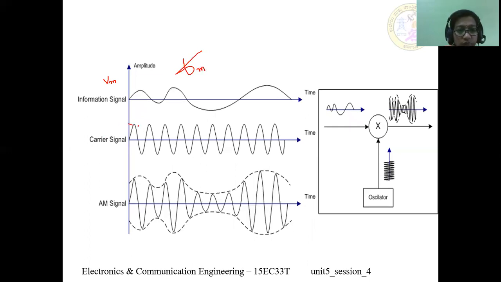The amplitude of the carrier we consider as Vc and its frequency as fc. The overall maximum amplitude of the signal we can take as A. Like this, we can get a modulation.